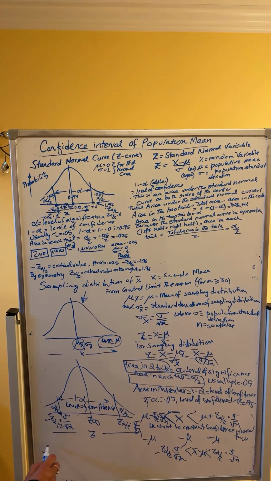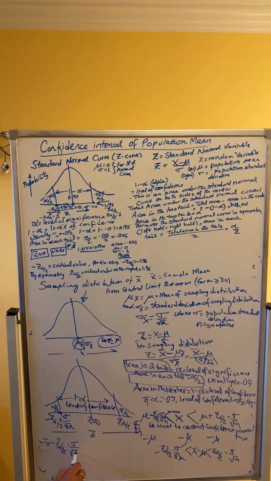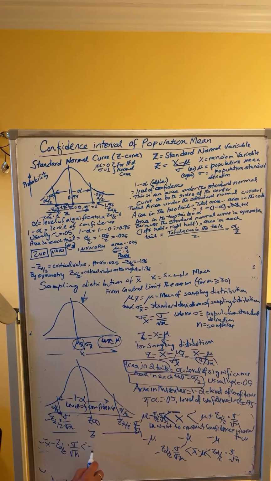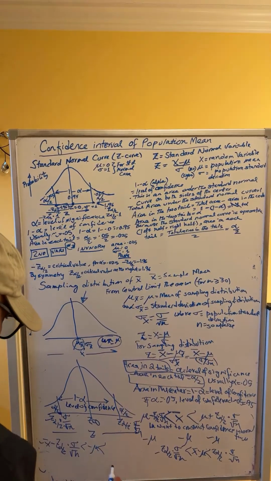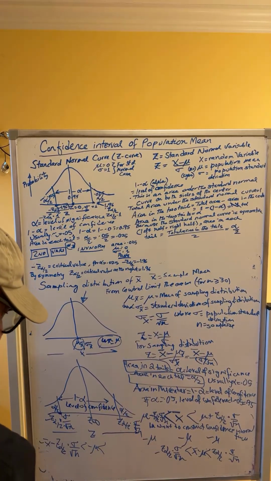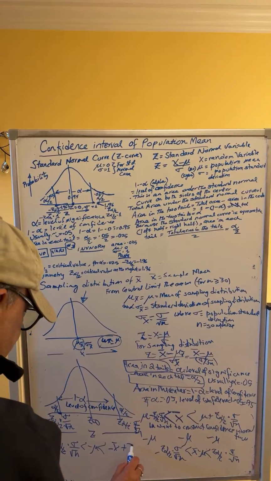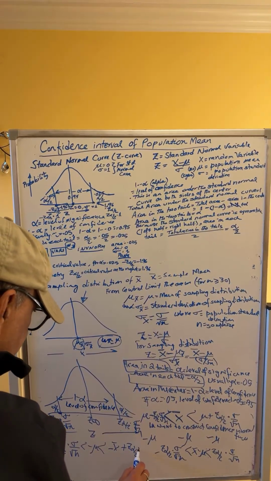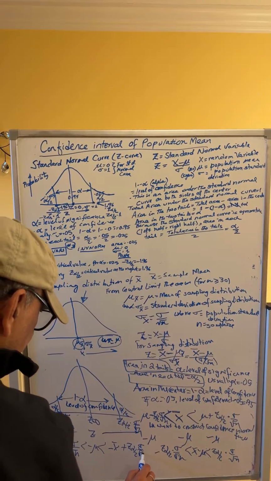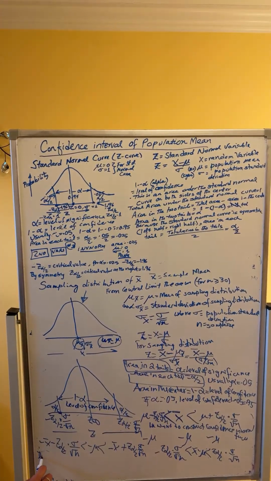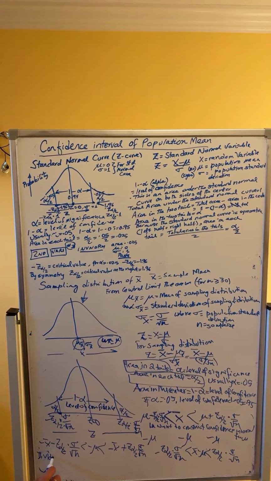So we get minus x bar minus z alpha by 2 times sigma divided by square root of n less than minus mu less than minus x bar plus z alpha by 2 times sigma by square root of n. Now divide by minus 1. When you divide by minus 1, the inequality flips direction.